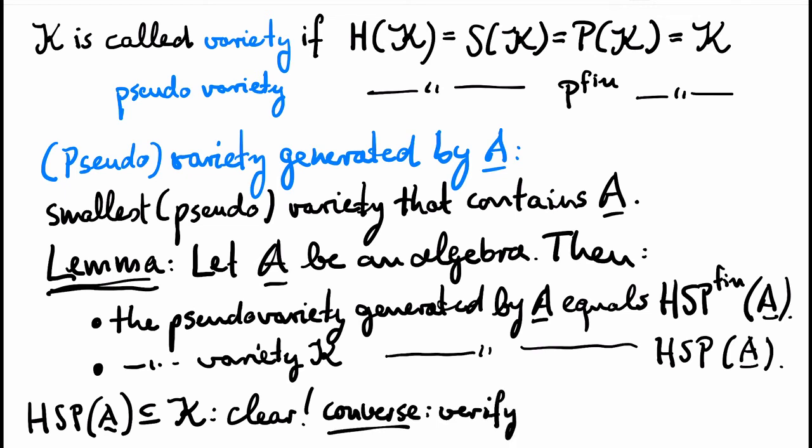For the converse inclusion, it suffices to verify that HSP of A is indeed a variety, because the variety generated by A is the smallest such class. And the proof here involves some computation that you can find in the script.